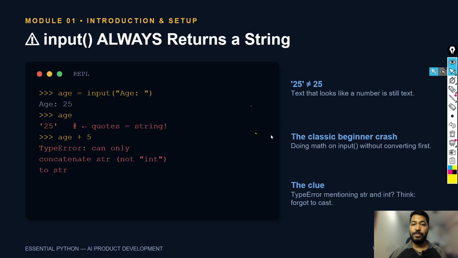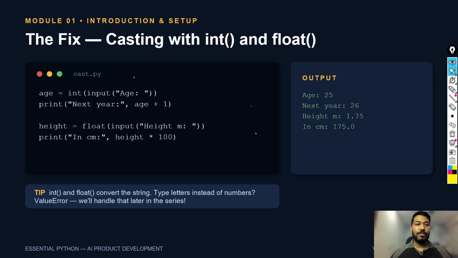I'm going to talk about the fixes. The fix is typecasting. Internally, this command will accept the input as a string. Suppose I give the value 30 from the user end at the prompt; it internally gets converted into a string.